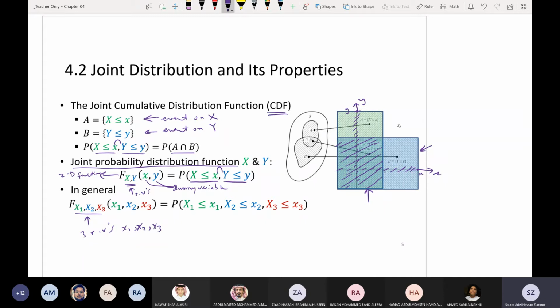So F of X1, X2, X3 is equal to the probability that X1 is less than a small number x1, X2 is less than a specific number x2, and X3 is less than a specific number x3, and this is an intersection. The comma means intersection. Okay, guys? So this is in terms of definition. We'll talk about some examples in a minute.